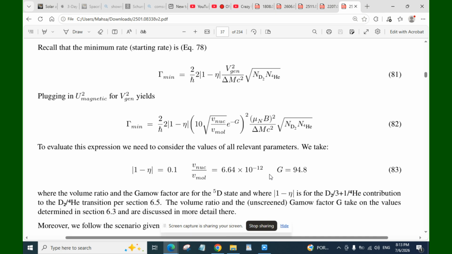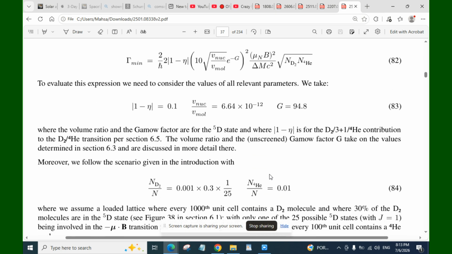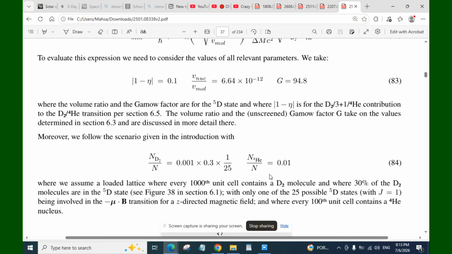To evaluate these expressions, we need to consider the values of all the relevant parameters. We take absolute 1 minus n is equal to 0.1. U nuclear divided by U molar is equal to 6.64 multiplied by 10 to the power of minus 12 when G is 94.8, where the volume ratio and the gamma factor are for the deuterium 5 state and where absolute 1 minus n is for the deuterium divided by 3 plus 1 divided by helium 4 contribution to the deuterium helium 4 transitions.